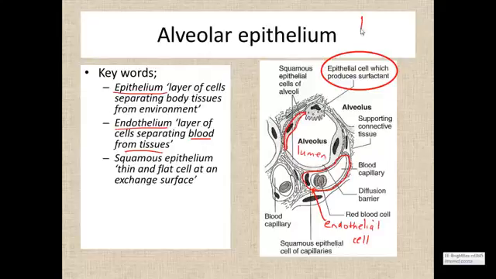We also have here an epithelial cell which produces surfactant. A quick word on surfactant. There is, as we've described, a huge surface area in the alveoli. Now water has a strong surface tension. Surface tension pulls surfaces together. So this surface will be pulled together this way by the surface tension of the water.